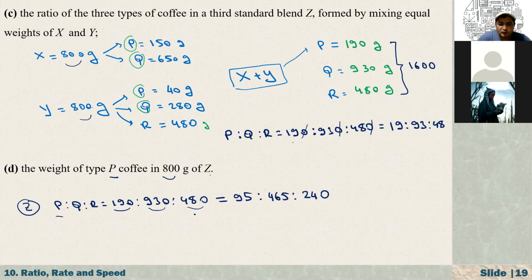P. The first one represents P, right? So in this mixture, how much P do we have? We have 95 grams of type P if the weight of this new mixture is 800 grams, because the sum of these numbers, 95 plus 465 plus 240, is equal to 800 grams.